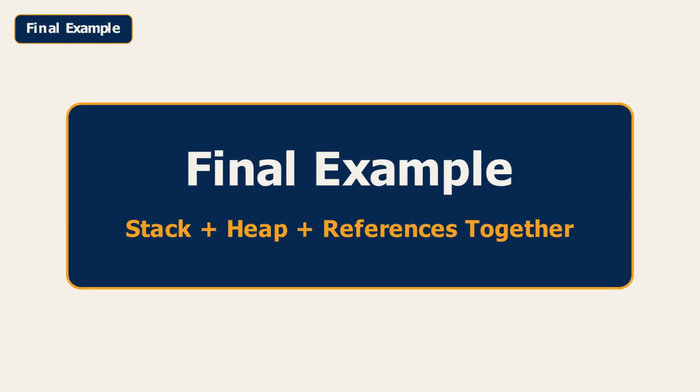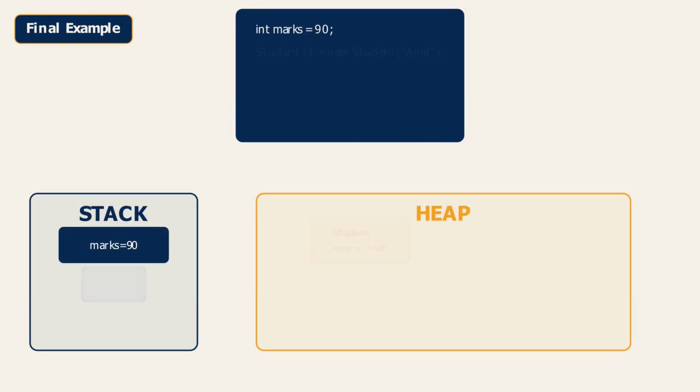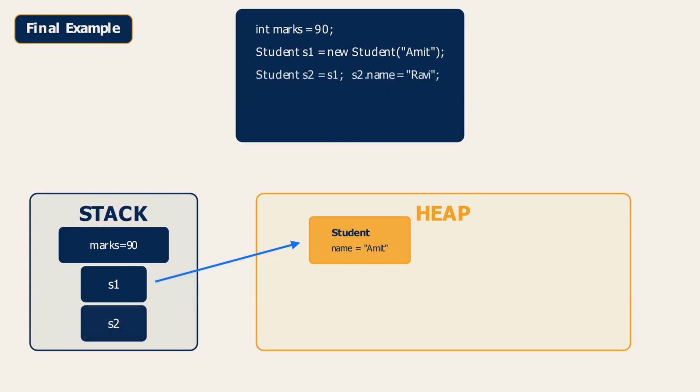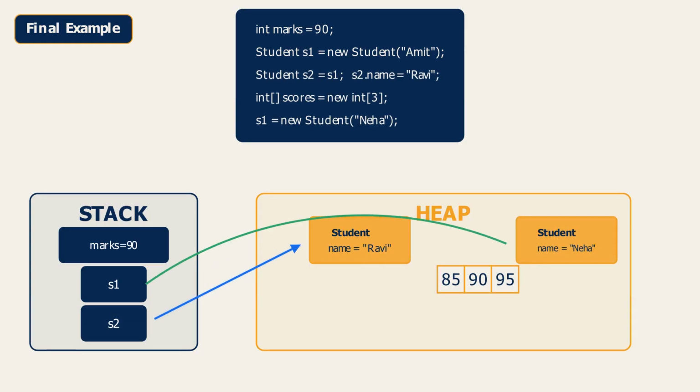Let's tie it all together in one final walkthrough. marks goes into the stack. s1 is created, an Amit object appears in the heap, and s1 refers to it. s2 = s1 means s2 now refers to that same object. No new object exists. s2.name = "Ravi" changes that one shared object. Our array scores is created in the heap with 3 slots, and we fill them in.